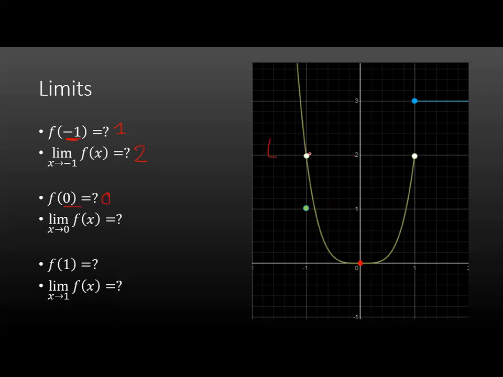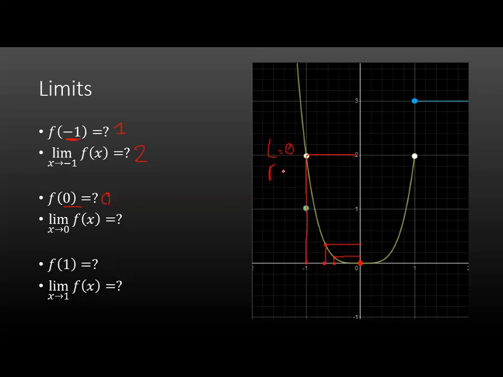You start from here, -1. So from -1, it approaches 2. Now, if we get closer to 0, it approaches almost 0.25. And as we have x values get closer to 0, it gets closer to 0 actually. So here on the left side, it approaches 0.